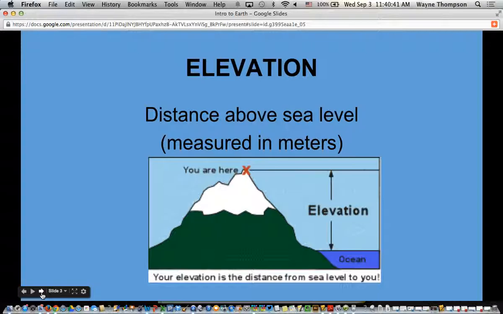It's usually measured in meters. I'm going to take a guess that up here on Loma Prieta Mountain we're maybe 1,200 meters above sea level. That's just a guess. I don't know if that's true. We'll have to figure that out. We could Google it.